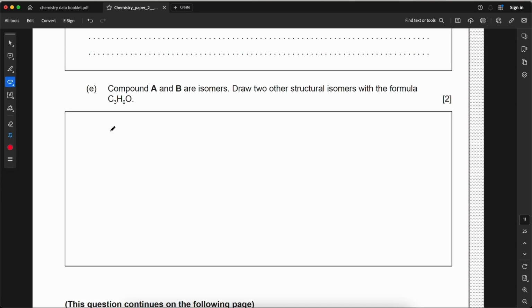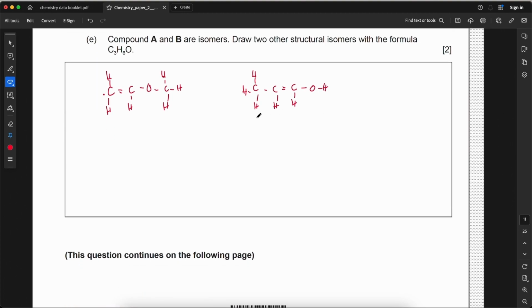So you need 2. We can do CH2 double bond CH OCH3, okay, or you can also do CH2 double bond CH CH2OH, alcohol, or you can also do CH3CH2COH.